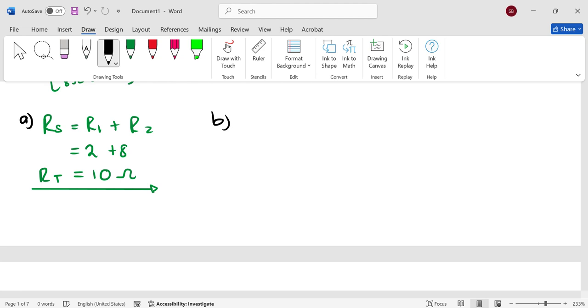Similarly, if I want to calculate the total voltage, I must use the total resistance as well as the total current. Similarly, if I want to calculate the total resistance, I am supposed to use the total voltage and the total current.